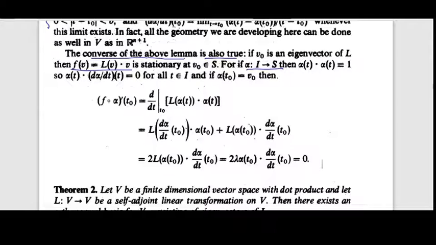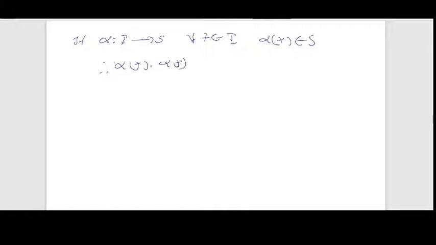Now we want to prove this: (f composition alpha)' of t naught equals 0. So if alpha is from I to S, for all t belongs to I we have alpha of t belongs to S. Therefore alpha of t dot alpha of t equals 1.